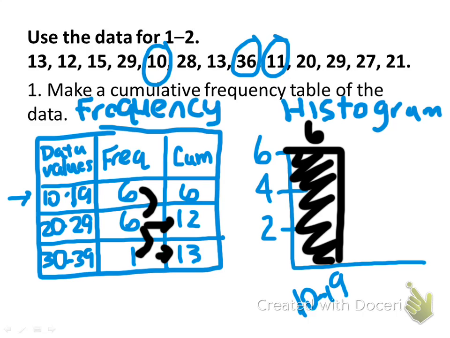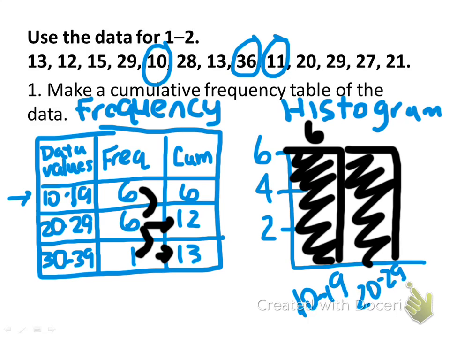Then my second interval would be 20 to 29, and that was 6. And then my last interval would be 30 to 39, and that would be 1. Okay, so the frequency table helps us make our histogram.